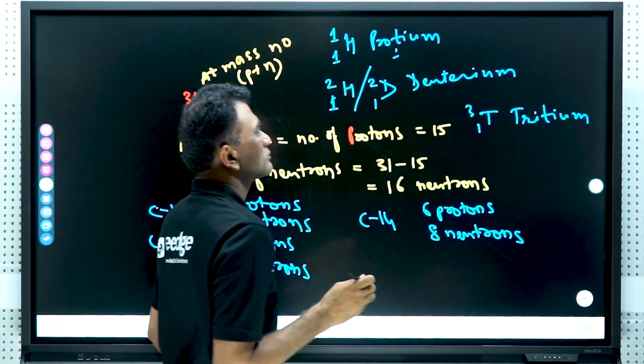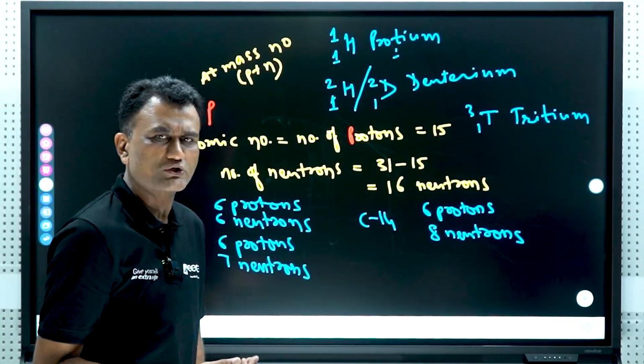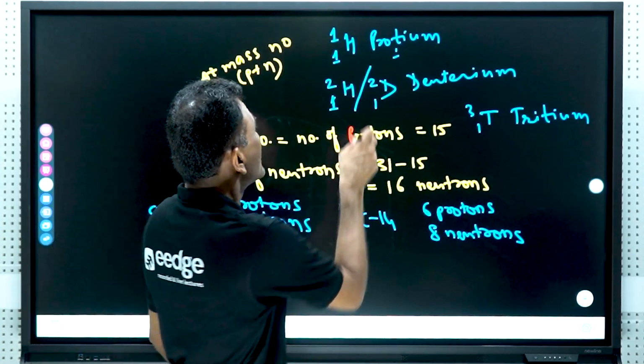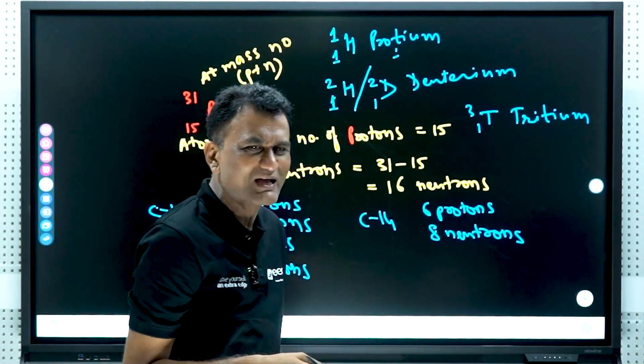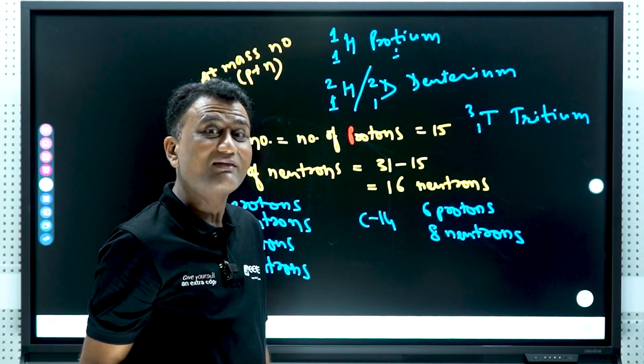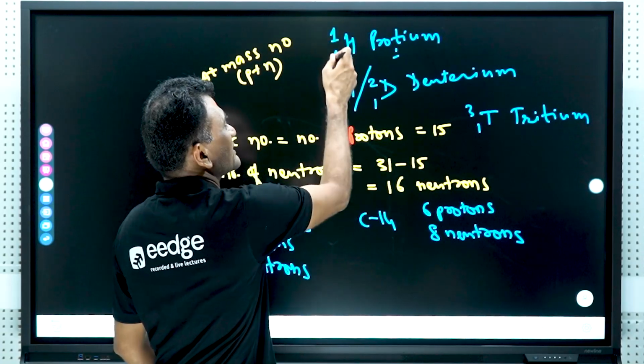So H11, the most common isotope of hydrogen, is protium. Most of the hydrogen atoms in nature are protium. Its atomic number is 1 and mass number is 1. If I say we have 1 boy in the classroom and the total strength is also 1, that means we have no girls, right? So 1 minus 1 is 0.